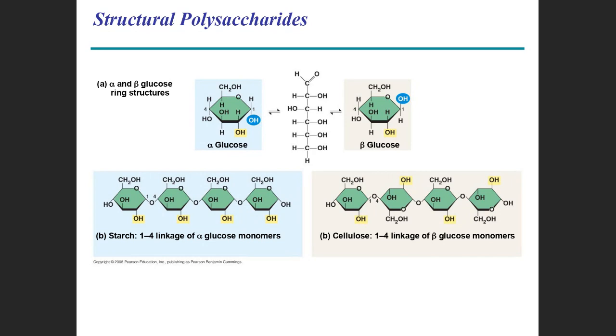But the key point here is that cellulose has a form of glucose, the beta form, which forms a different glycosidic bond. It forms a beta 1,4 linkage, not an alpha 1,4. As a result, animals do not have the enzyme which can break down the beta 1,4 linkage.